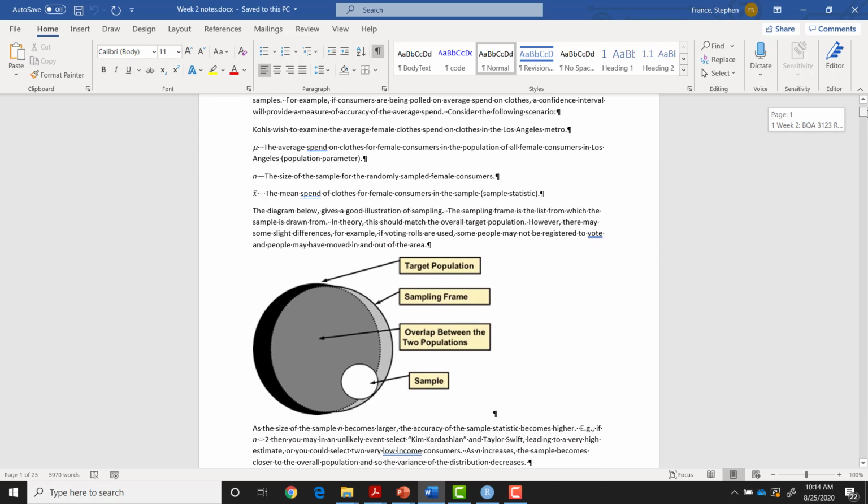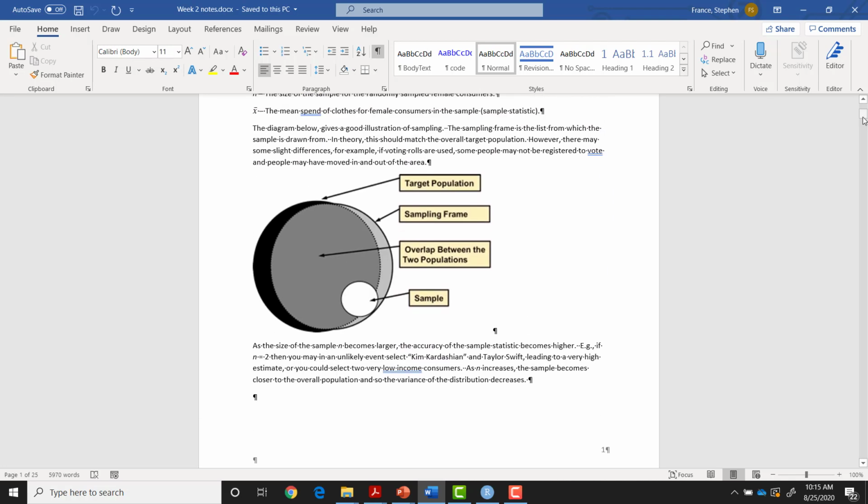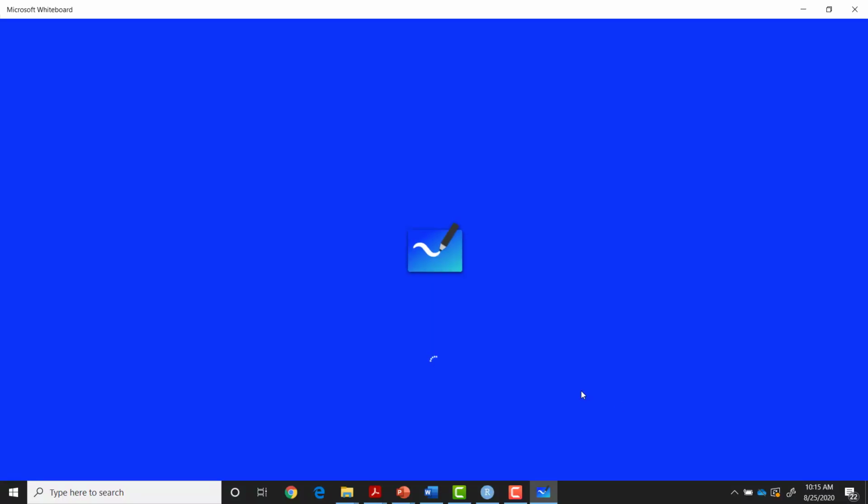Okay, having said that, why do we do these sorts of tests? So let me get a new canvas to work with. Let's just say that we won't bother with a sampling frame at the moment. We'll keep it simple.